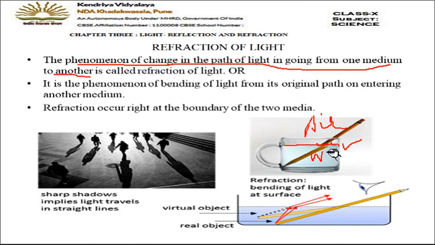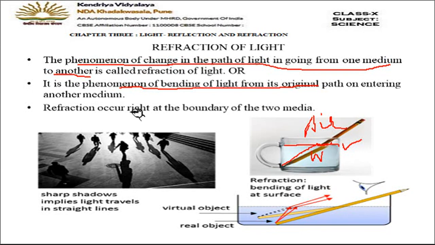This is due to refraction of light. You can also define it this way: the phenomenon of bending of light from its original path. As usual, light should go straight, but it bent. This bending of light from its original path on changing the medium is called refraction of light.